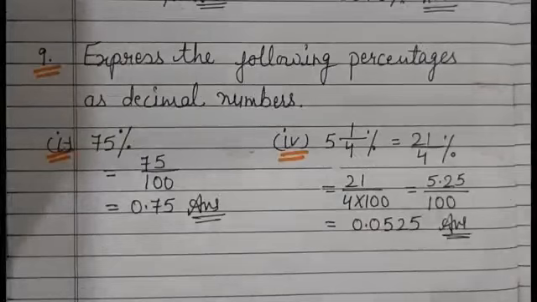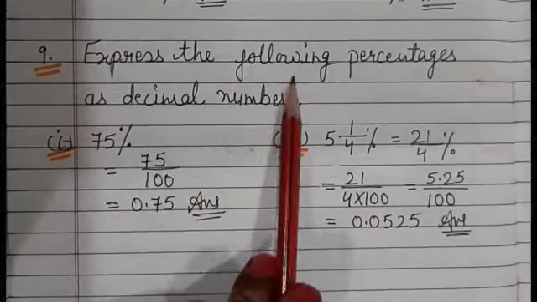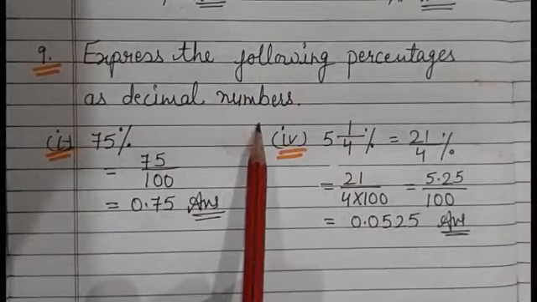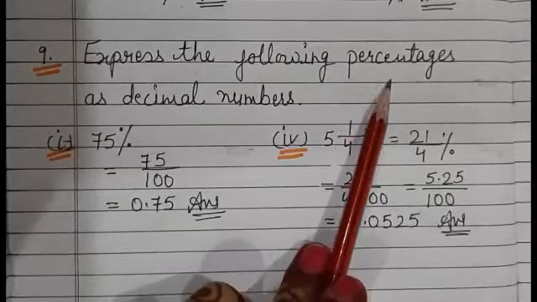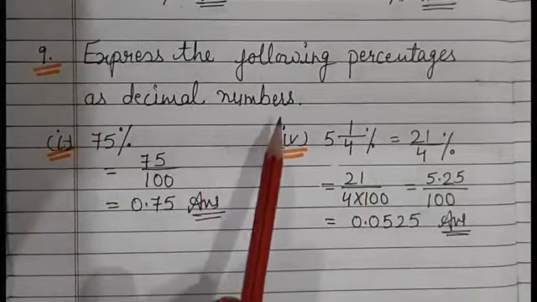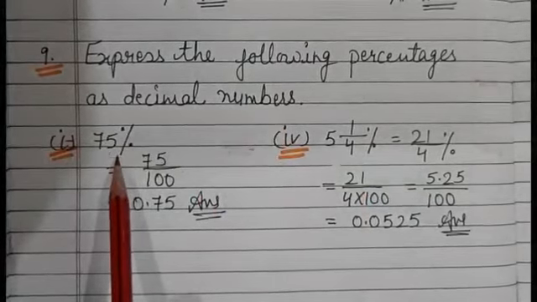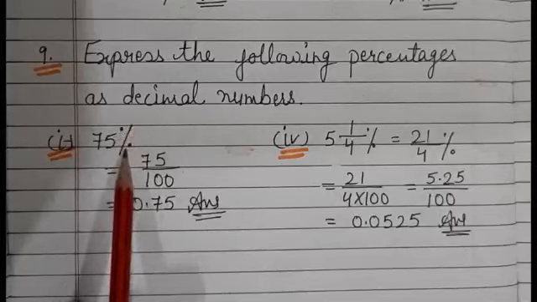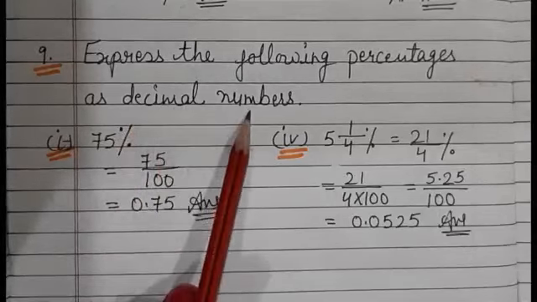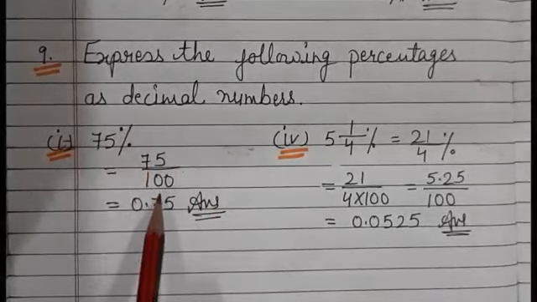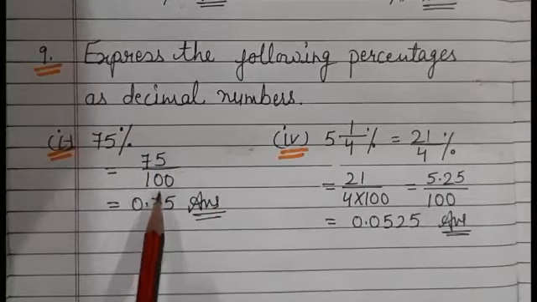Now, 9th numerical, express the following percentages as decimal numbers. Now we have to convert percentage into a decimal number. First part, 75%. Because we have to convert into decimal number, we have to remove this percent sign. So we have to divide it by 100. Right? So it will be 75 by 100.